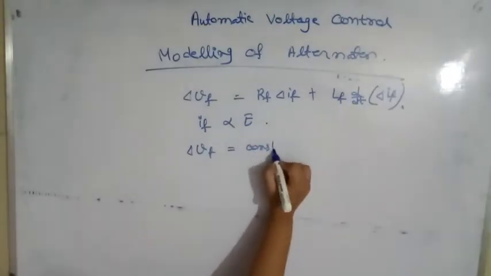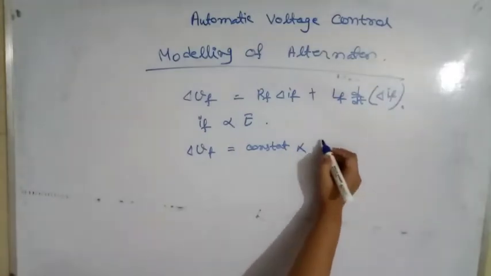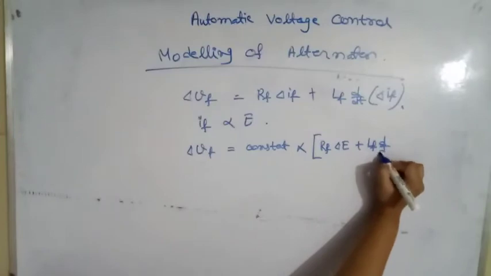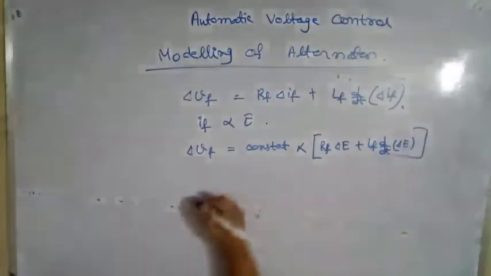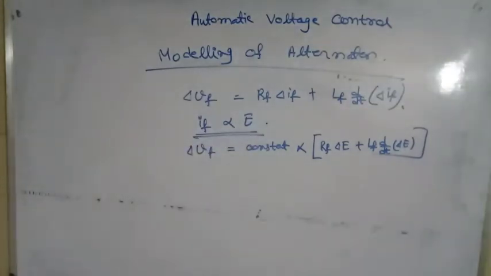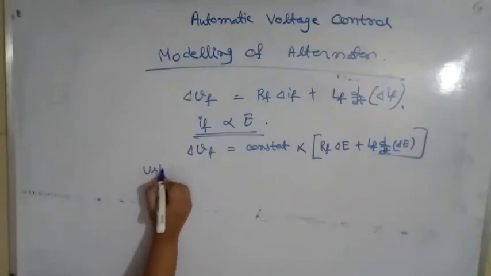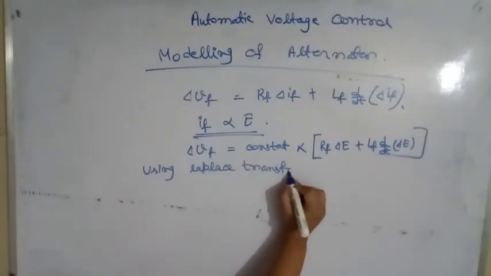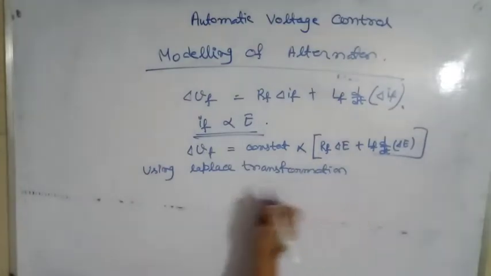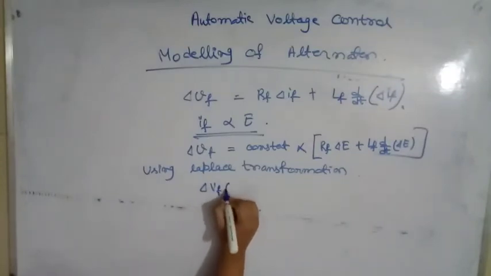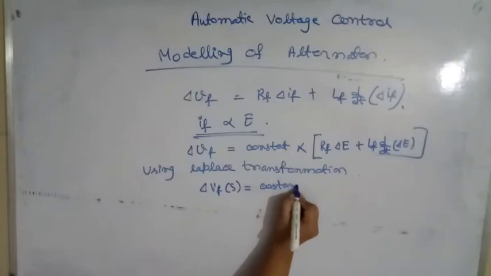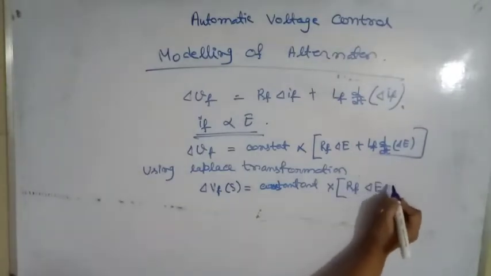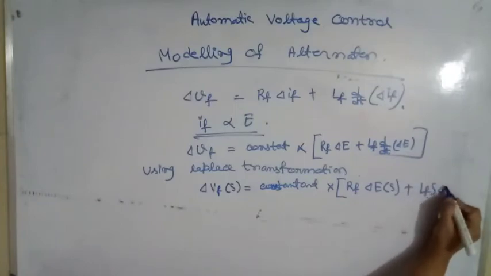Now, delta VF equals a constant into RF delta E plus LF d/dt of delta E. For this reason, using Laplace transformation, delta VF(s) equals a constant into RF delta E(s) plus LF s delta E(s).